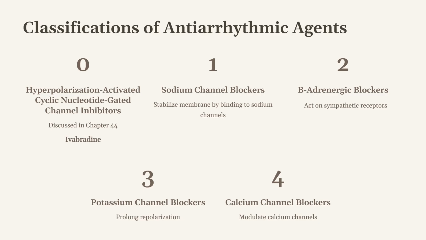Okay. So because they are affecting that automaticity or the conduction, and I'm treating an arrhythmia, meaning they are affecting the heart rhythm, what do you think is a side effect that could occur?